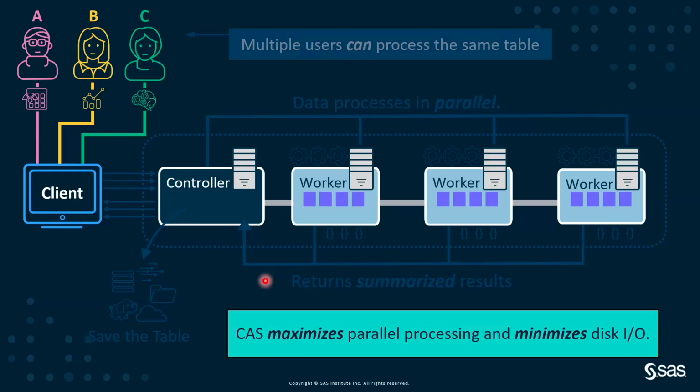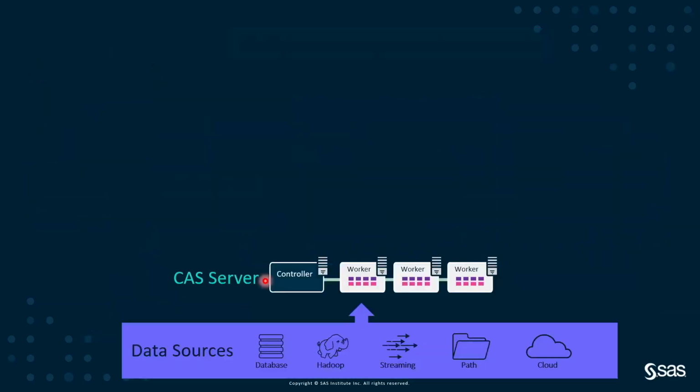The benefit of having CAS at the back end is the parallel processing, which is maximized here, and it's all in memory. So there is a lot of time saved by avoiding input and output or writing files to the disk. The CAS server can connect to any kind of data source.